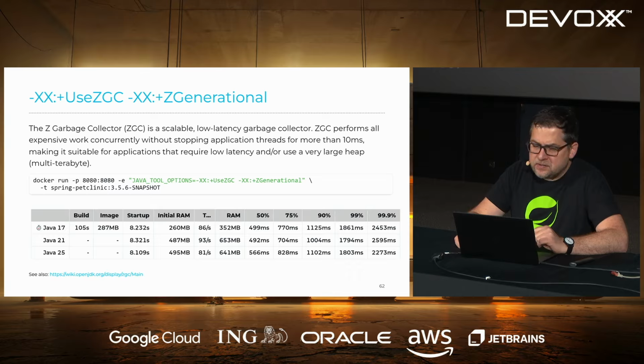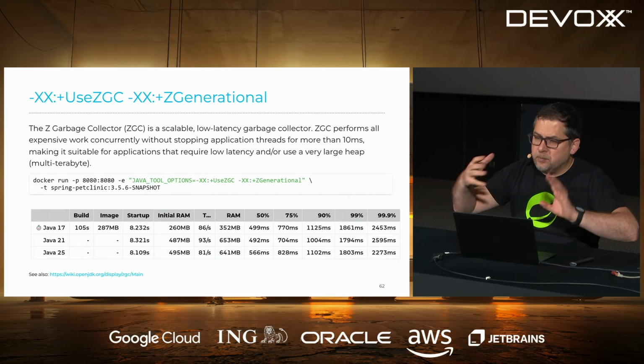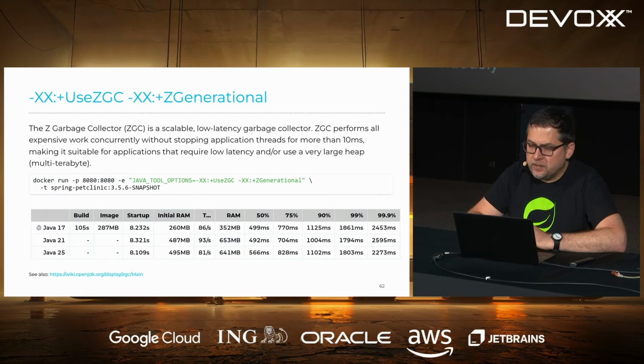I would expect, and that's what we clearly see, that we need more memory, because we have shorter runs of the garbage collector, and therefore the memory is piling up, but it does so continuously. So that's what we see. We need way more memory.